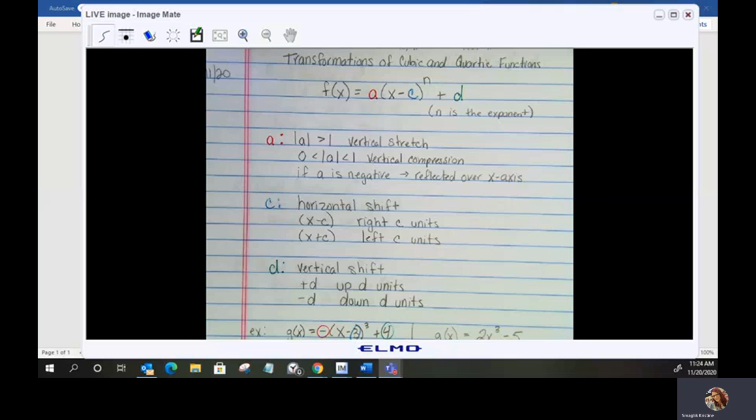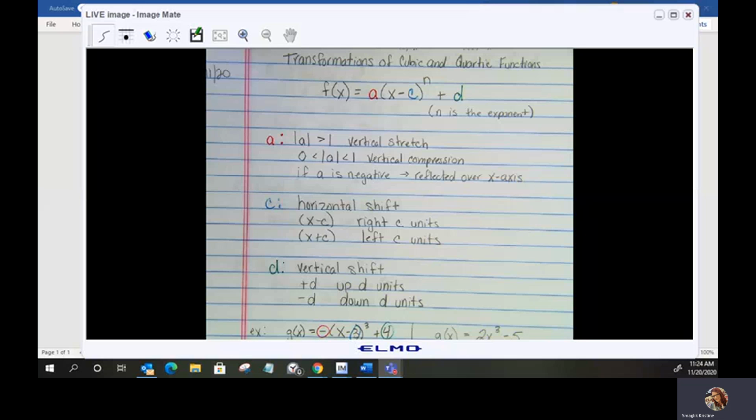Coming in and looking at that C value, and again, notice that subtraction, that is part of our form here. So that's my horizontal shift. And again, remember, anything that's next to the x has to do with horizontal movement. Anything that is outside of your parentheses has to do with vertical movement, your y values.